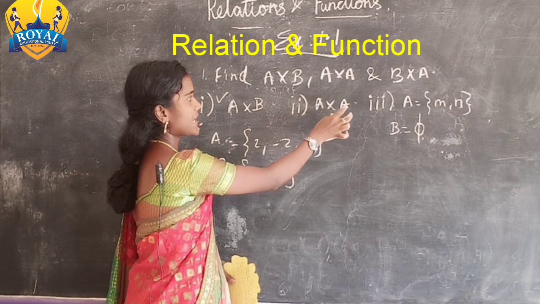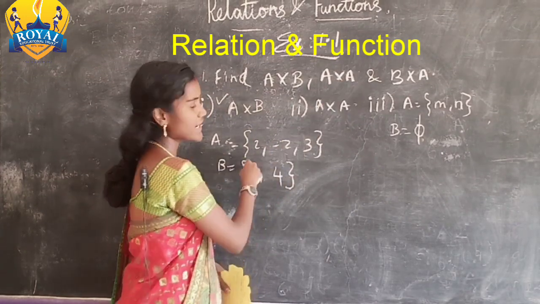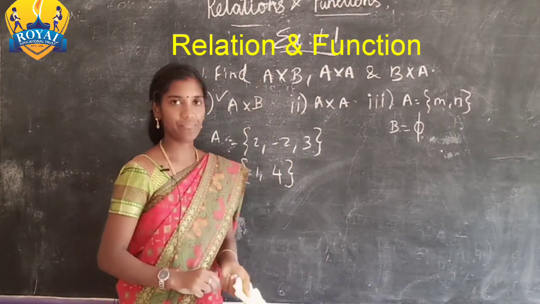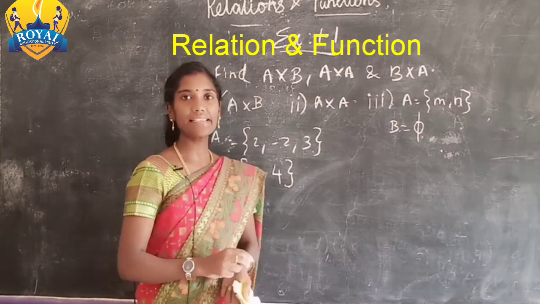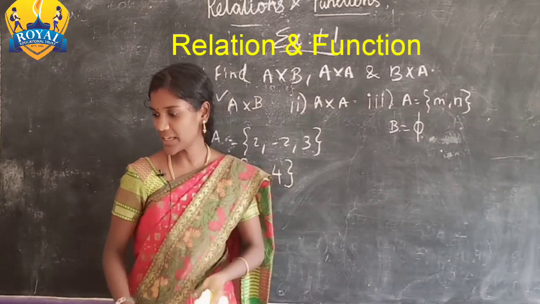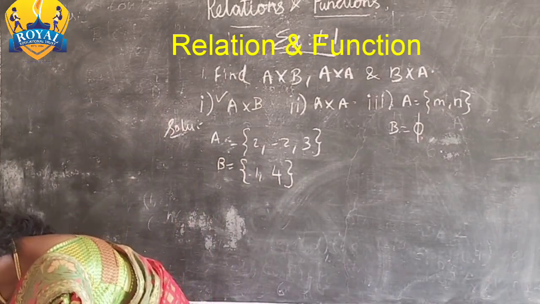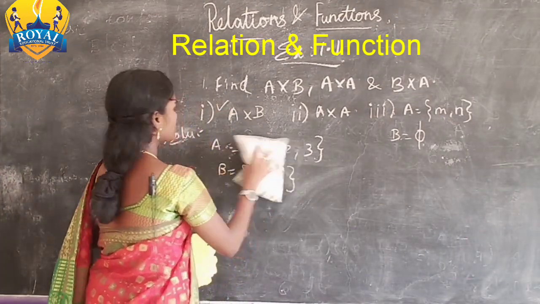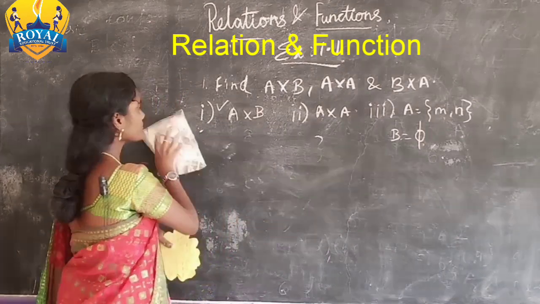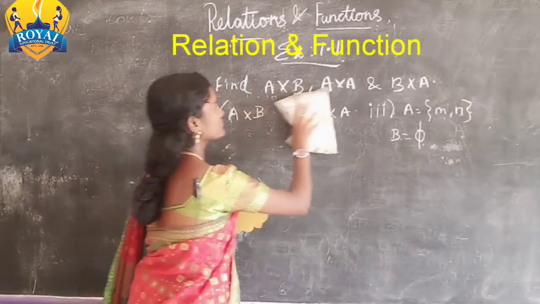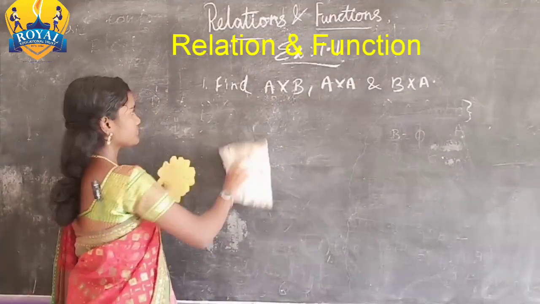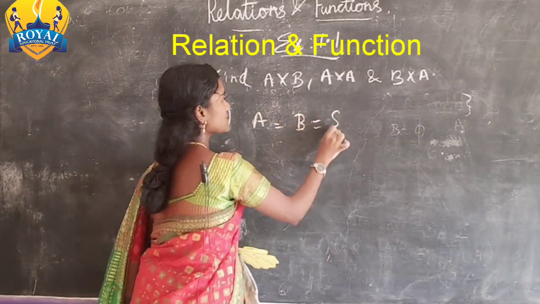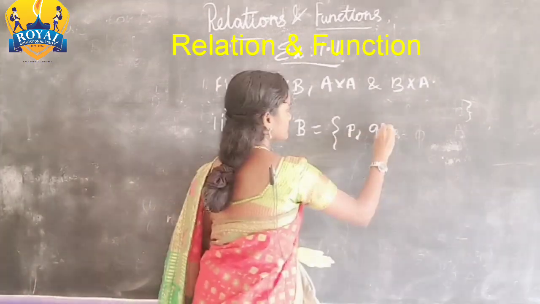Then the second one is A cross A. You have to prove these three conditions for this sum: A cross B, A cross A and B cross A. The second one is A is equal to B is equal to {P, Q}.